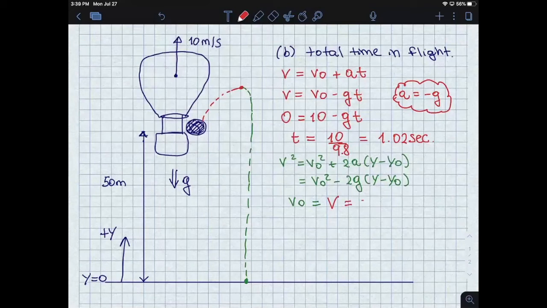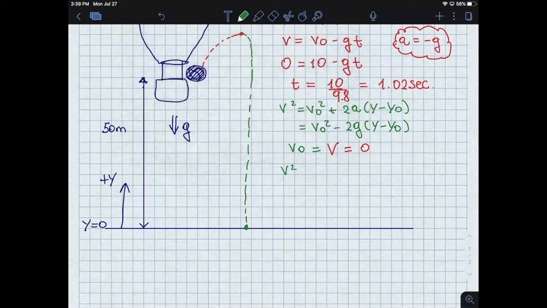And this is equal to 0. You have v squared is equal to 0 minus 2g.